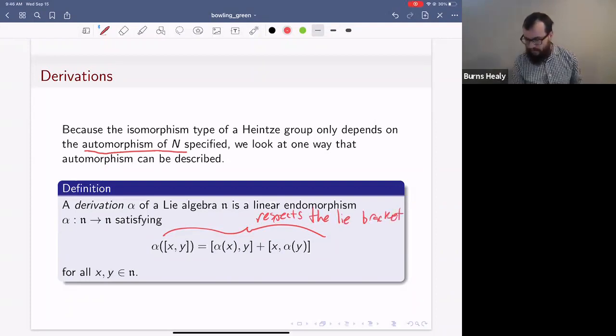Okay, so it's just a linear endomorphism that respects the Lie bracket. You could consider the endomorphism that just sends all vectors to 0. That's fine. This condition will become trivial. Notice that I am saying endomorphism. I'm not requiring it to be an automorphism. I am saying just really generally an endomorphism.